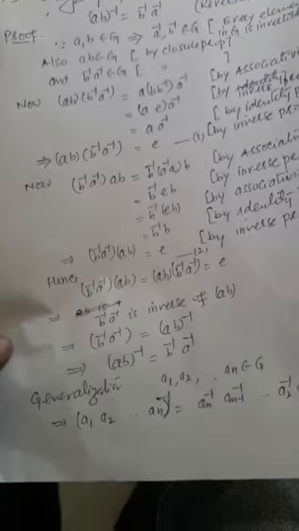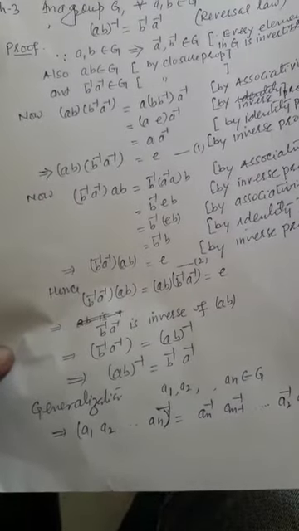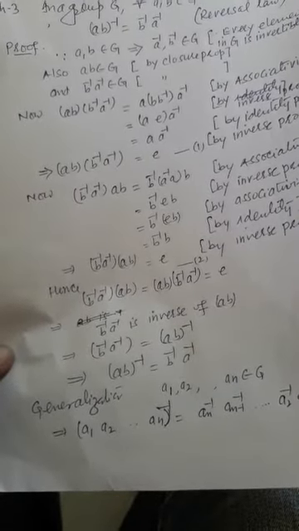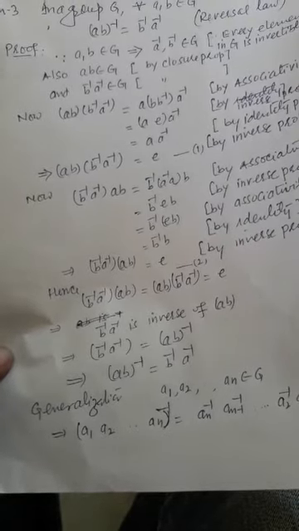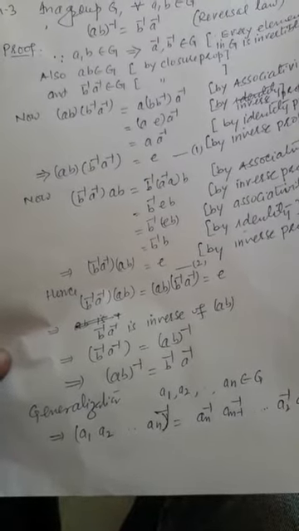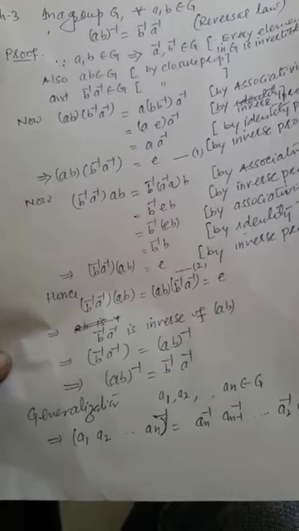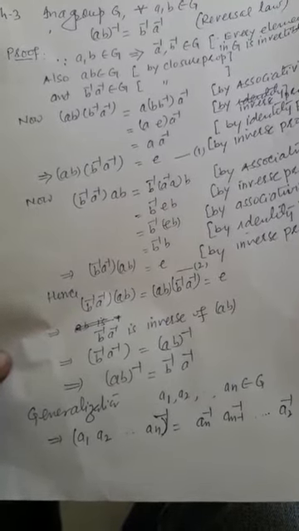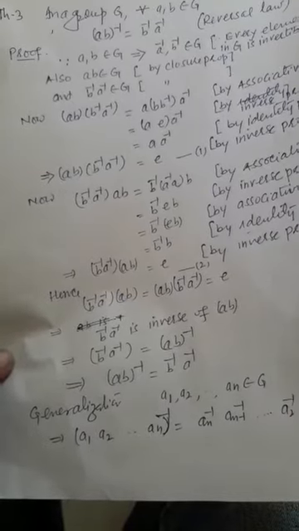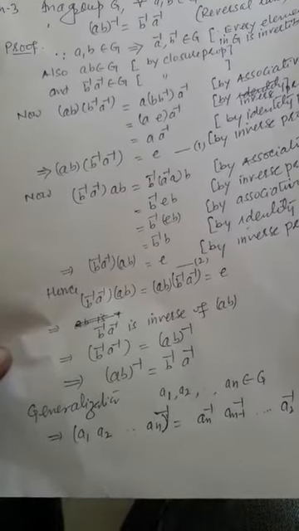Using associativity, b b inverse, using the inverse property, gives identity. Then again associativity, a e. Again using identity, a a inverse. Again using the inverse property, e. So this gives e.